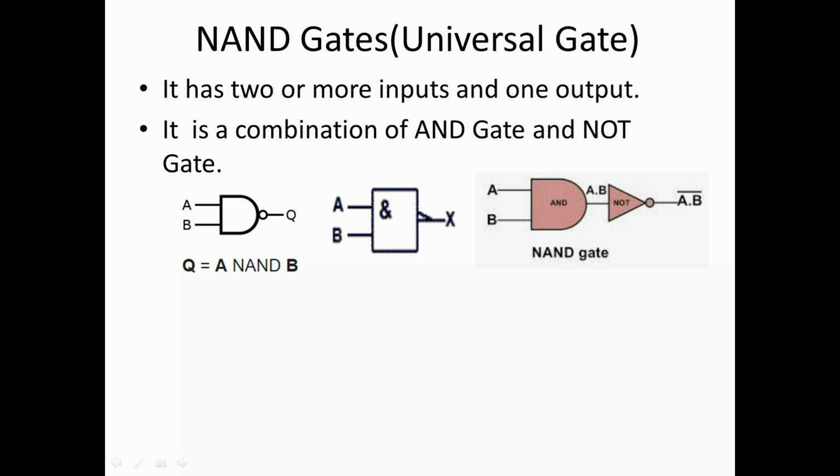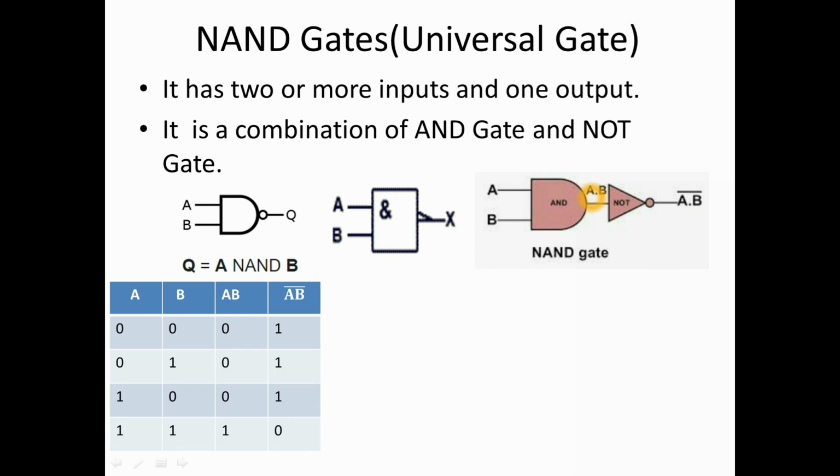If it is a two input NAND gate, we write it as (AB) bar. You know that AB is the logical expression for the AND gate, and the bar is the NOT gate. The output of the AND gate is connected to the NOT gate. That combination of the AND gate and NOT gate is called the NAND gate.